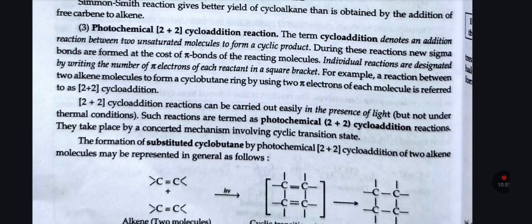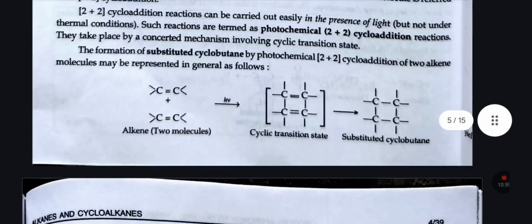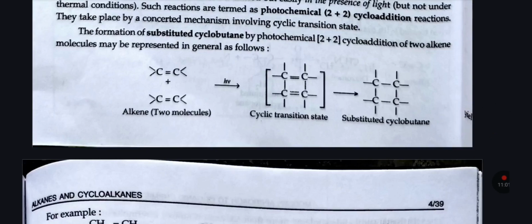They take place by a concerted mechanism involving a cyclic transition state. The formation of substituted cyclobutane by photochemical 2+2 cycloaddition of two alkene molecules may be represented in general as follows.